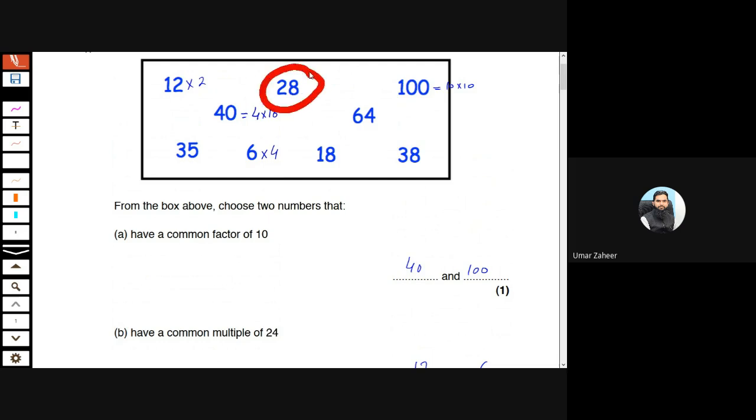Is it divisible by 7? 28 divided by 7, what is it?